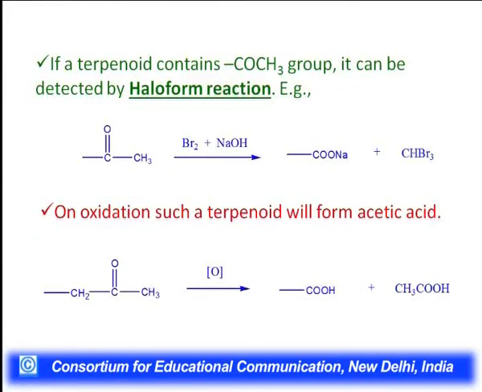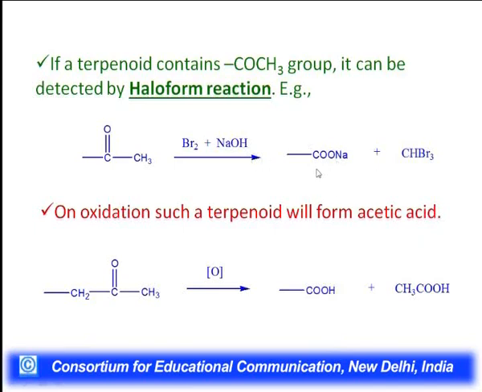If the terpenoid contains a COCH3 group, that is a methyl ketone, it can be detected by the haloform reaction. For example, if we are having this methyl ketone in the terpenoid, it can react with bromine in the presence of sodium hydroxide.